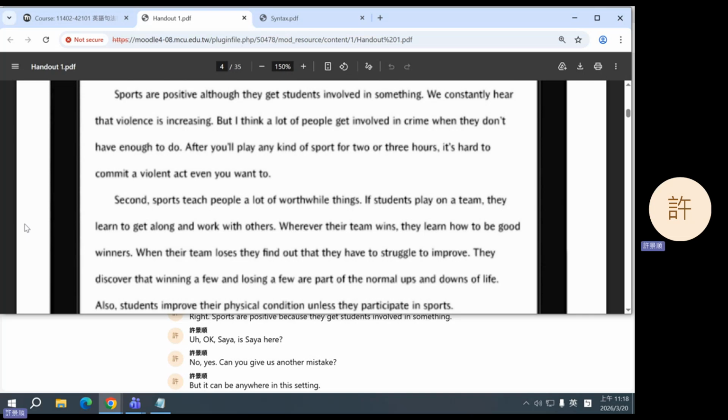Okay, so here, paragraph 2, line 3, after you play, right? Not you'll. Good. Okay, thank you.